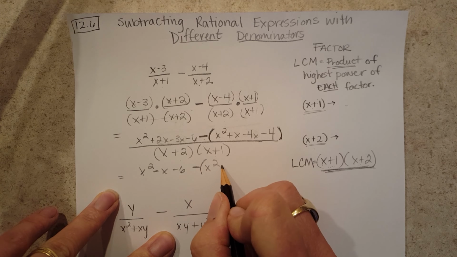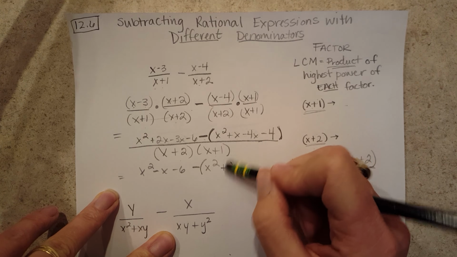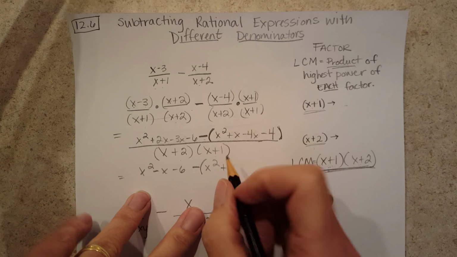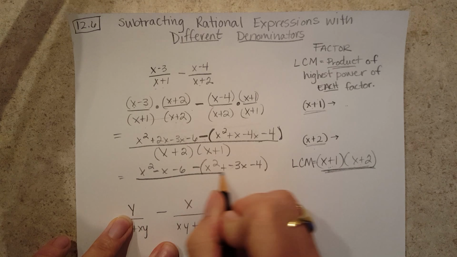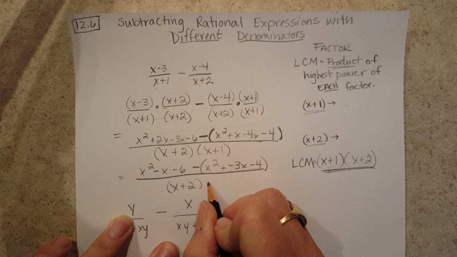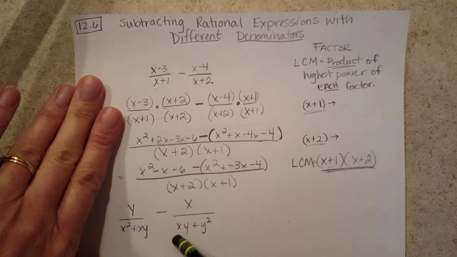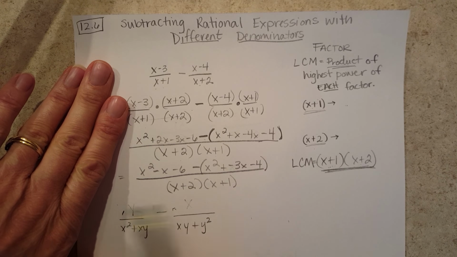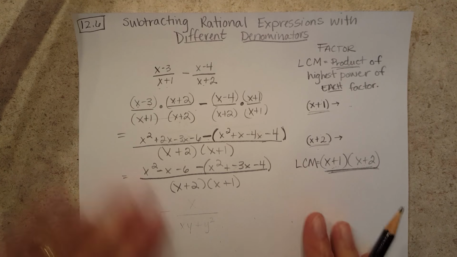Don't forget that. Whoops, I'm combining this, so I want a negative 3x. And again, that is always going to stay over this because we made it a common denominator. I can see that I didn't allow enough room for my next thing.